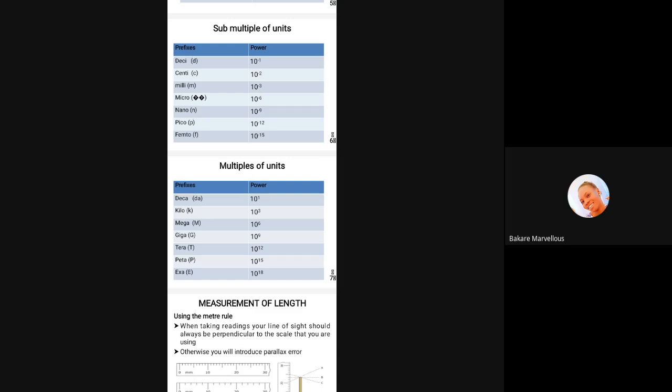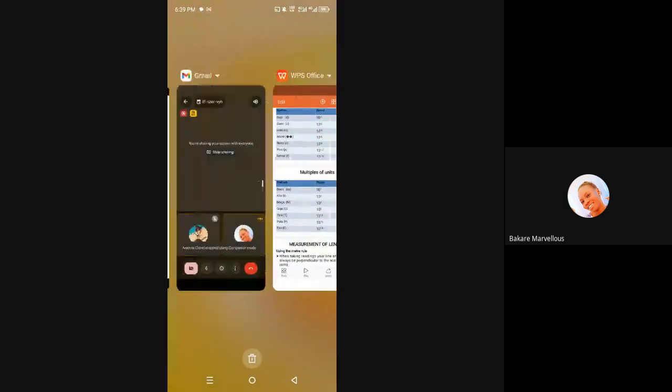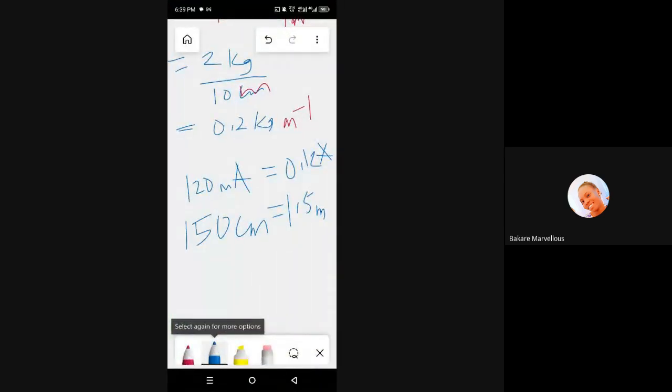Good. So attention should be on kilo and mega, from grams to kilogram. If you measure something as 20 grams, what is 20 grams in kilograms? 20 grams to kilograms is 0.02.